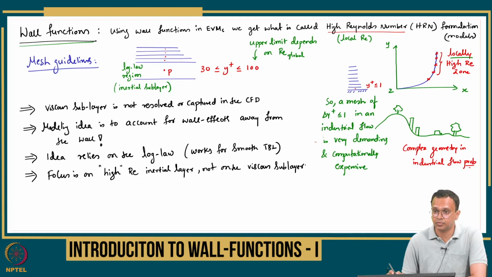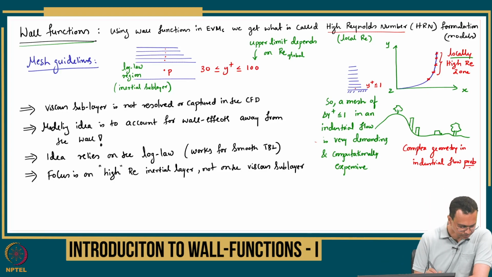But the buffer layer is where you have peak turbulence kinetic energy production and other phenomena, right? You have seen that the two stresses, viscous stress and the turbulence stress, become dominant in the buffer layer, and that's where the peak of your turbulence kinetic energy production rates appear. So we are ignoring that, ignoring in the sense we are not calculating it, it has to be modeled. Somehow that effect has to be accounted on node P.